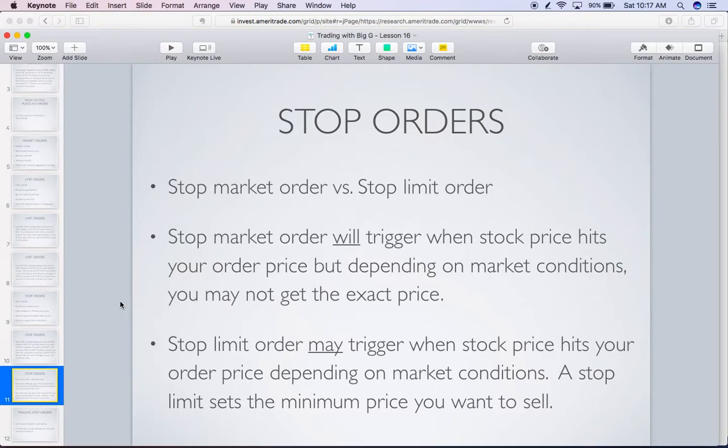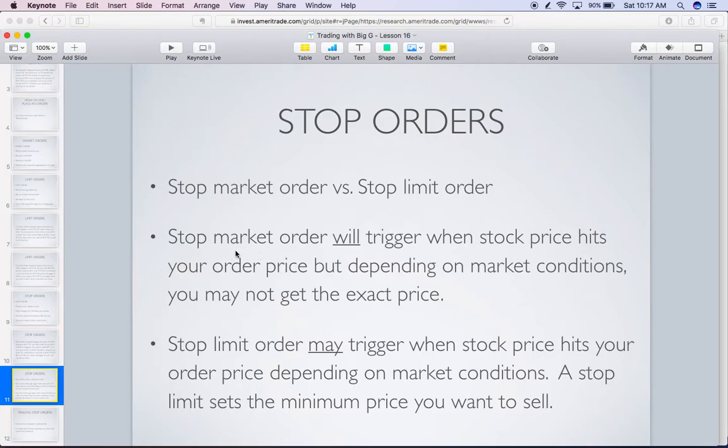Okay, this can be a little confusing, but basically, when you have your stop and you place that activation price, if it's a stop market order, then when it hits the trigger price or the activation price, which on the TD Ameritrade ticket is called activation price, your order is automatically turned into a market order.